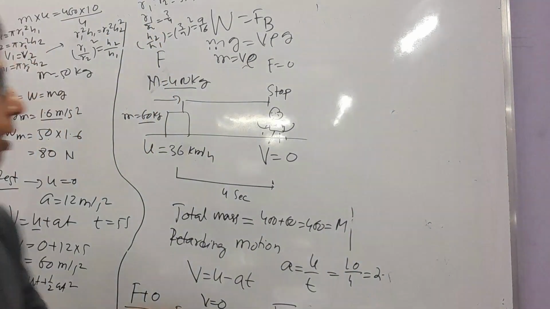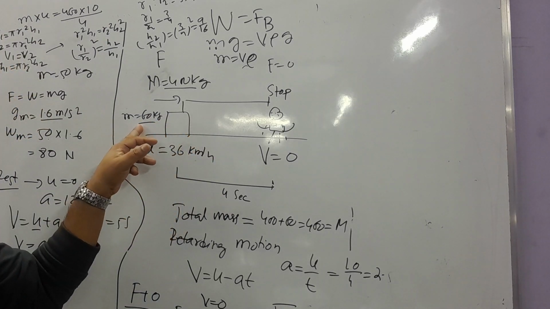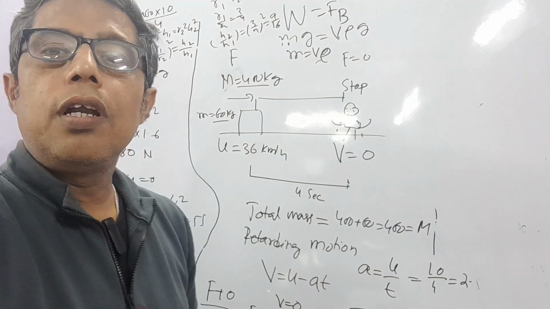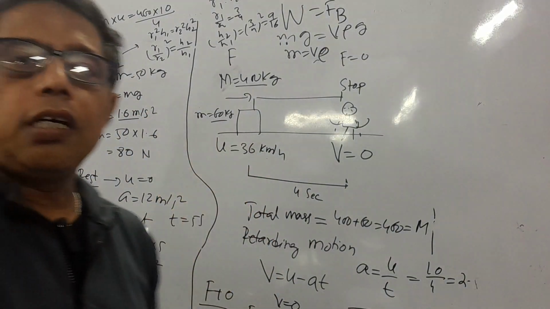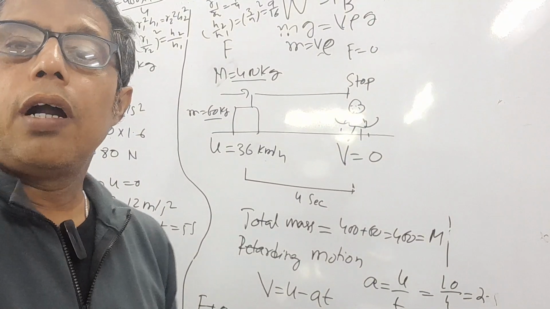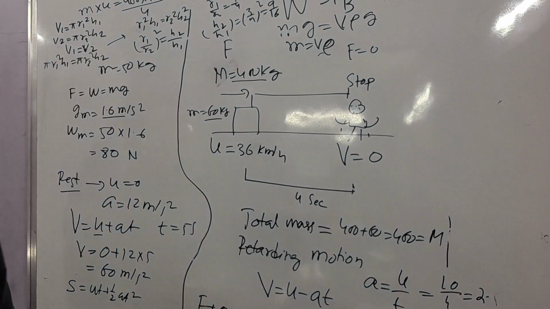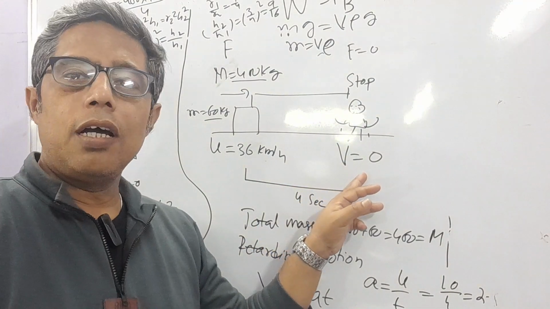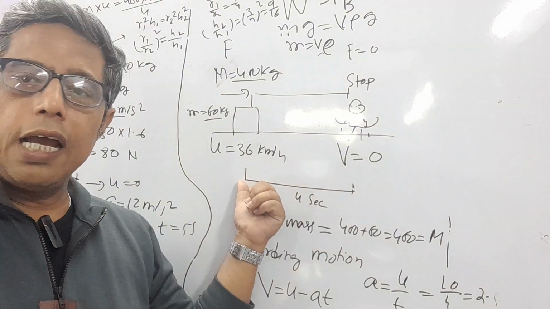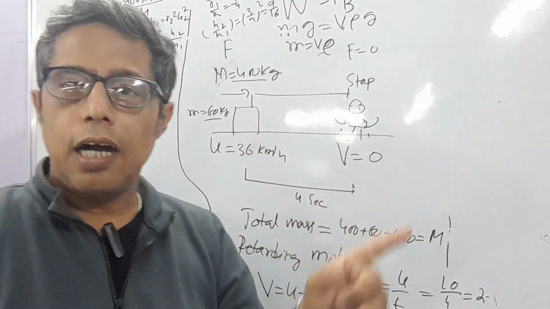There is a 4-wheeler of weight 400 kg and the weight of the driver is 60 kg. Now this one is moving with the initial velocity u equal to 36 kilometer per hour. Now there is a child in front of the vehicle and it has to save the life, so it applies the brake and its final velocity should be 0 before reaching the child.